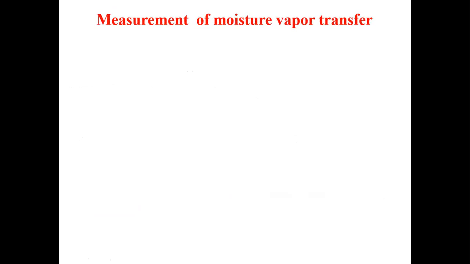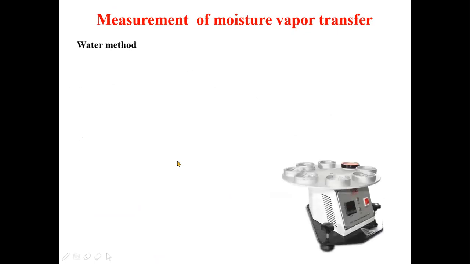Next, in the earlier method that I have discussed, a desiccant is used. Now in this test, moisture vapor is used. This is the instrument. These are the cups, and over this cup, the sample is placed.